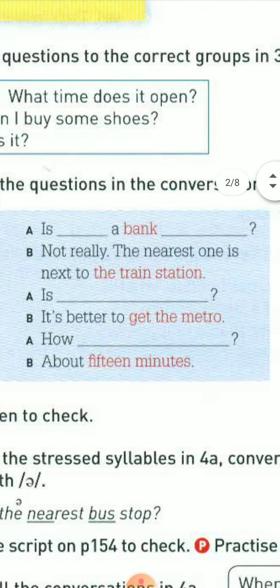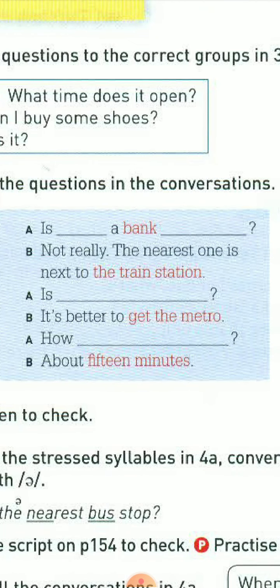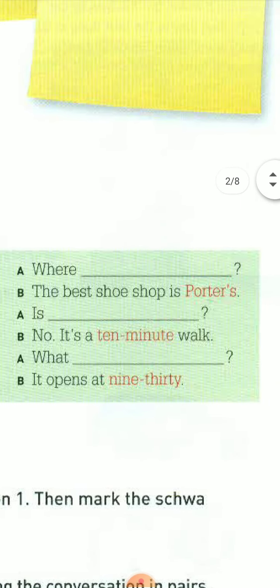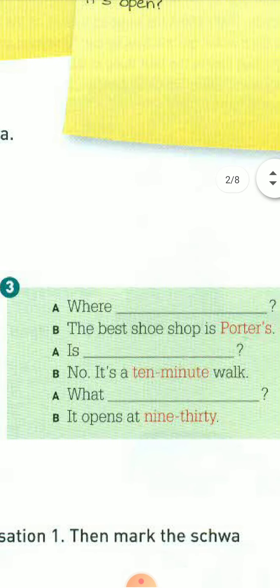Yes, the nearest one is next to the train station. Is there a bus? It's better to get the metro. How long does it take? About 15 minutes. 3. Where can I buy some shoes? The best shoe shop is Porter's. Is it far? No, it's a 10-minute walk. What time does it open? It opens at 9:30.